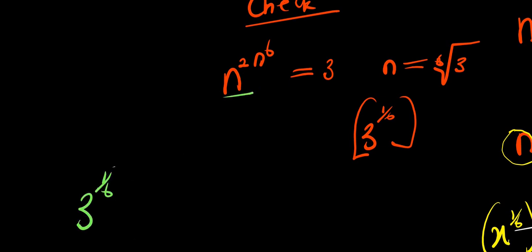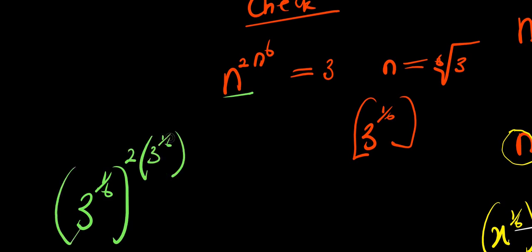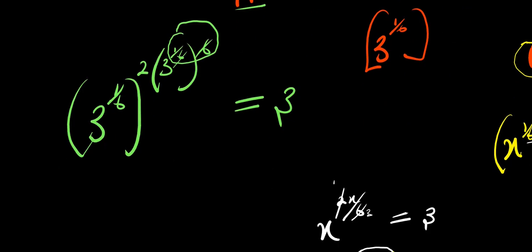There is 2 here. Raised to the power of 2 times 3 power 1 over 6. And this is raised to the power of 6. Equals 3. We consider this exponent first. We multiply this. 6 cancels 6. So we have 3 power 1 over 6 raised to the power of 2 times 3. That is 6.